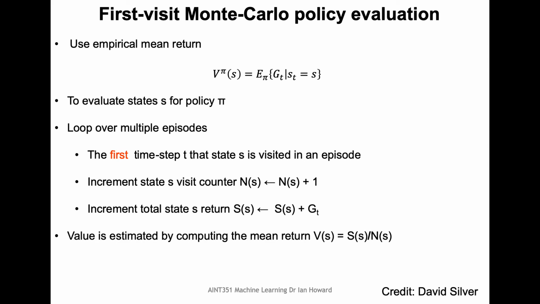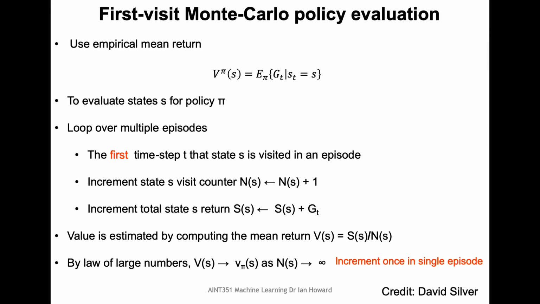To calculate the value of the state we started in, it's just the summed total gain across all the episodes divided by the number of times we started from that particular position. And of course, as the number of episodes goes to infinity, the value estimate we get should be a good representation of the value of that state under the policy which we're actually evaluating.